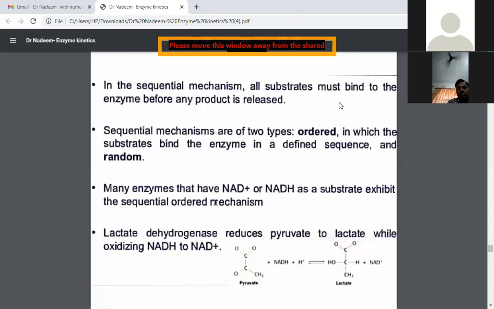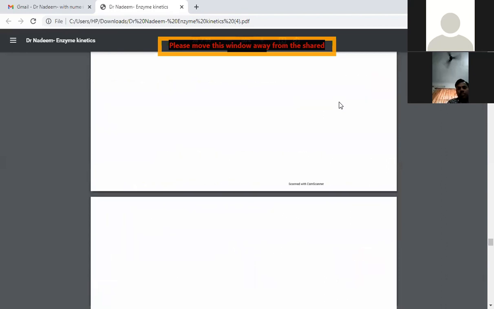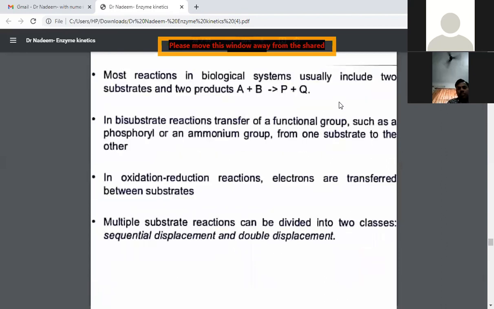Then it is converted by the LDH enzyme, lactate dehydrogenase, into lactate plus the oxidized form of NADH. So this is again an oxidation reduction type, in the sequential type of multiple substrate reaction.